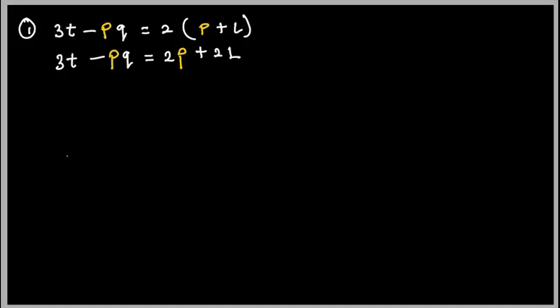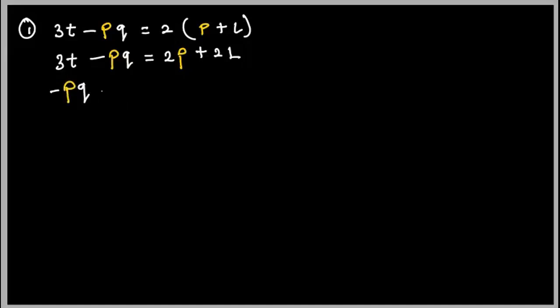Now, as you can see, we need to collect like terms. So let's take like terms in P. Bring all the P's on one side. I will have my answer to be minus PQ, which we have here, minus PQ.